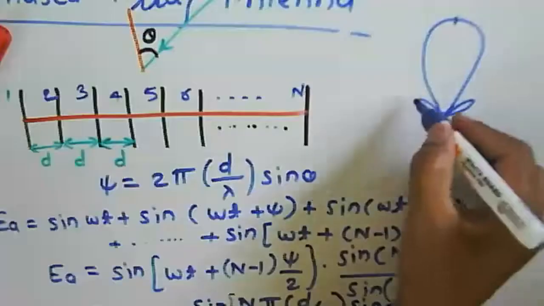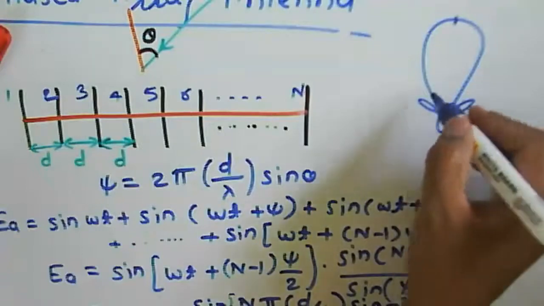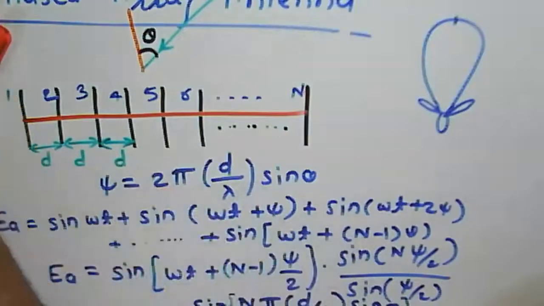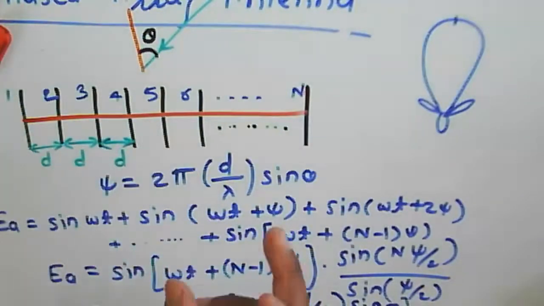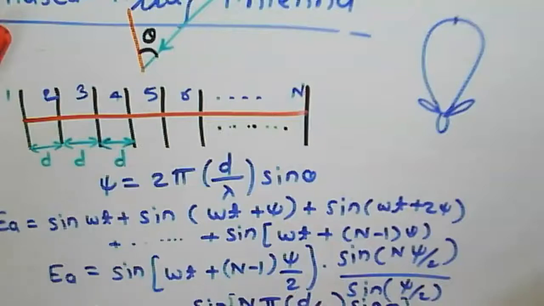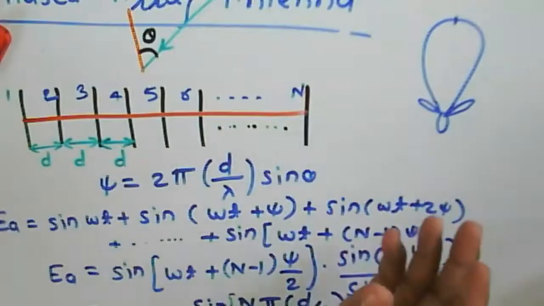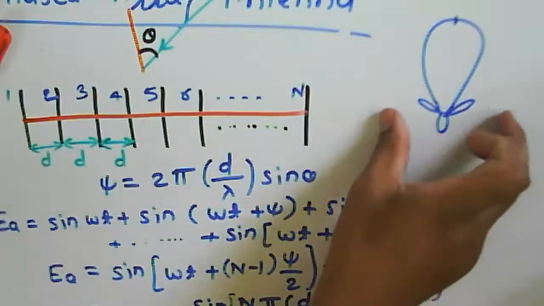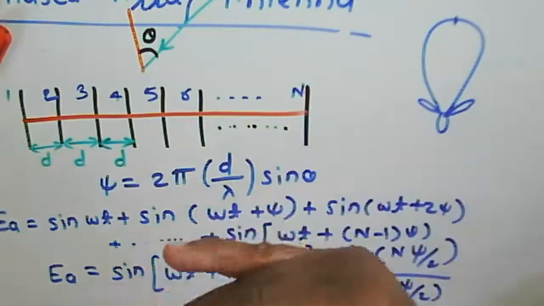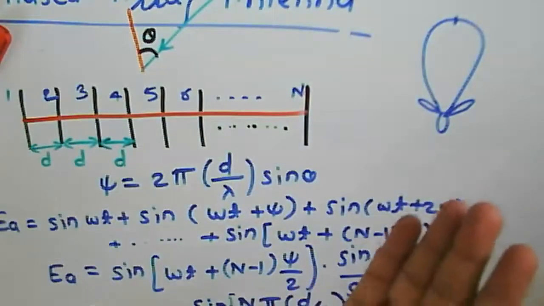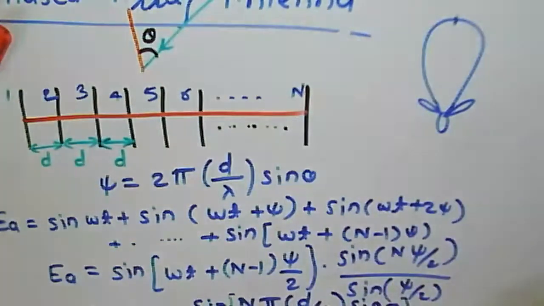And these side lobes or back lobes are undesirable for the antenna. So we need to design an antenna in such a way that we get maximum radiation only in one direction. If our antenna is not directed in a given direction, we get the grating lobes, side lobes or back lobes, and because of these side lobes and back lobes, our radiating signal will be diverted in all directions.